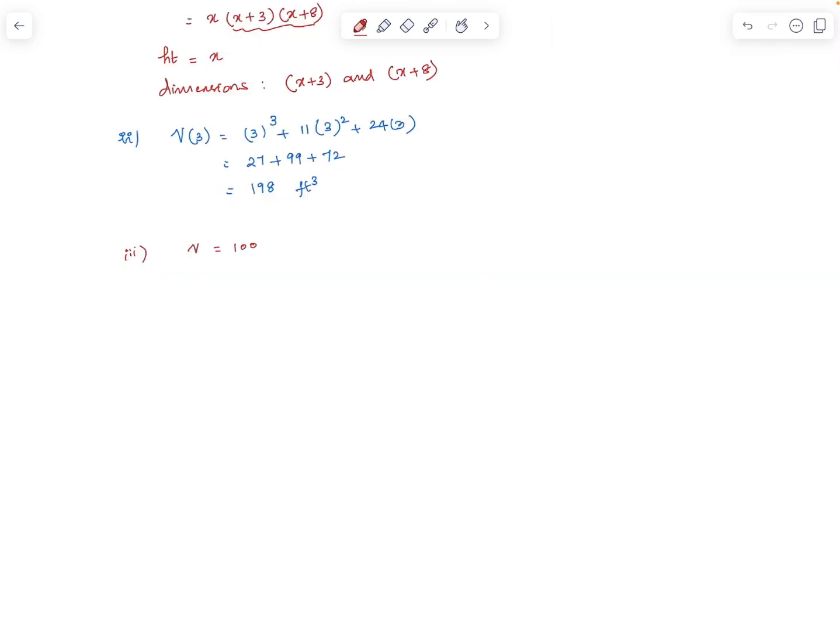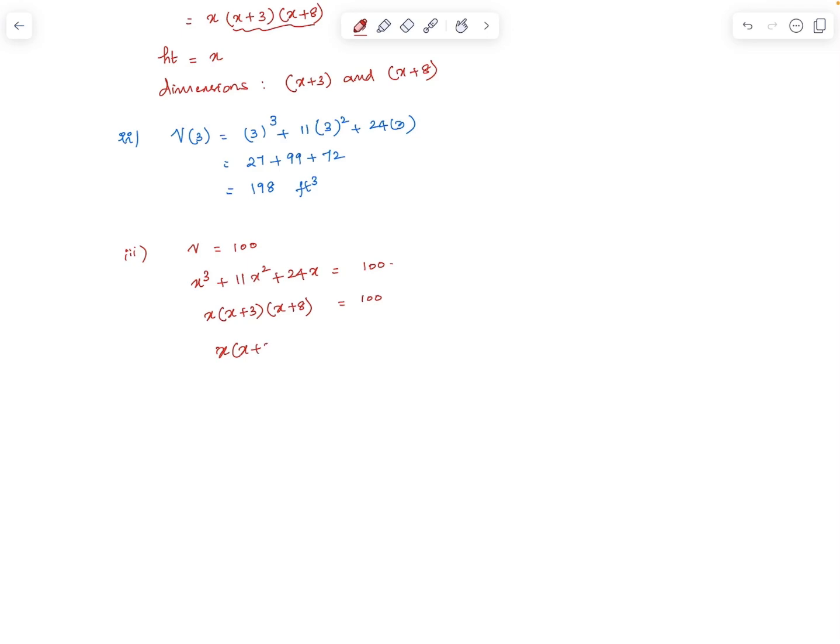V is 100, which means x cube plus 11x square plus 24x is equal to 100. We can write this polynomial in factorized form, that is x into x plus 3 into x plus 8, which is 100.